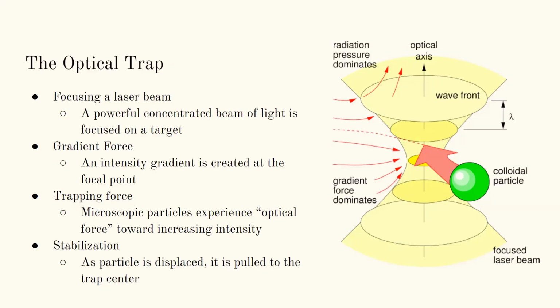And as we displace a certain target within the trap, if we move it away from this point of highest intensity, it's going to want to naturally move back into that point of higher intensity. It feels a force back into the center of that trap, again, kind of like a spring.